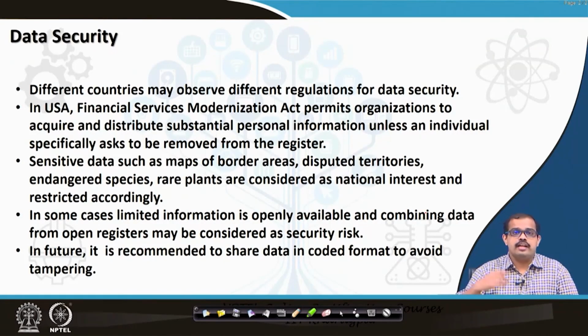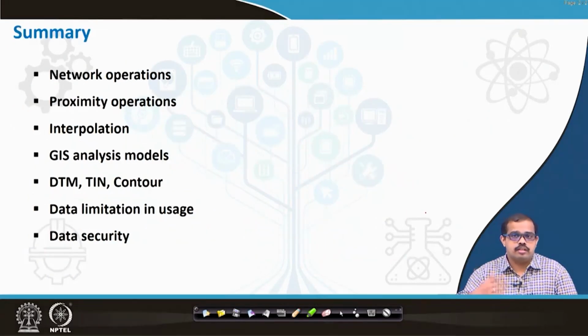In future, it is recommended to share data in a coded format to avoid tampering. This is what the GIS companies are now looking at. They are coding all the GIS data so that they avoid any tampering or misrepresentation of the data. Okay. So, this is about today's class.